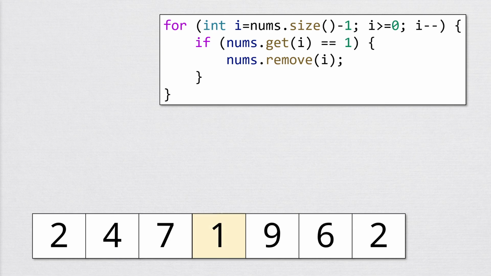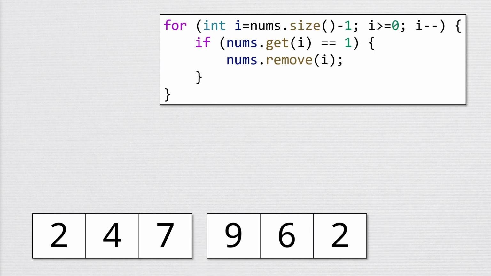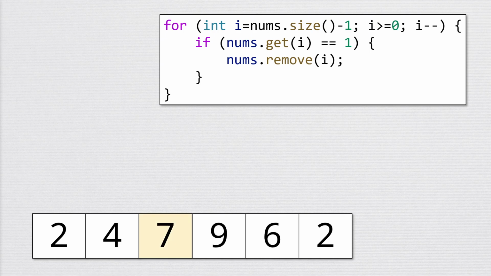But because we're working backwards, the next number checked is the 1 at index 3, and it goes away. And then the 7, and then the 4, and then the 2. And this time, all the 1s are gone, and we did get the right result.